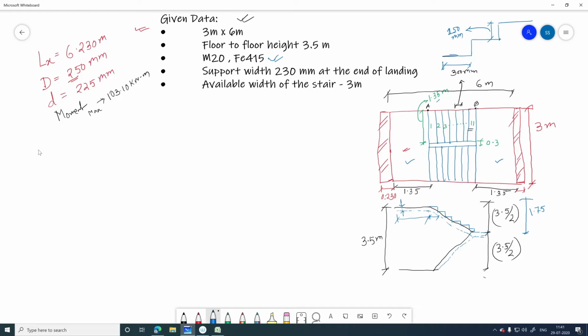Now we need to determine the area of steel. Very important thing.